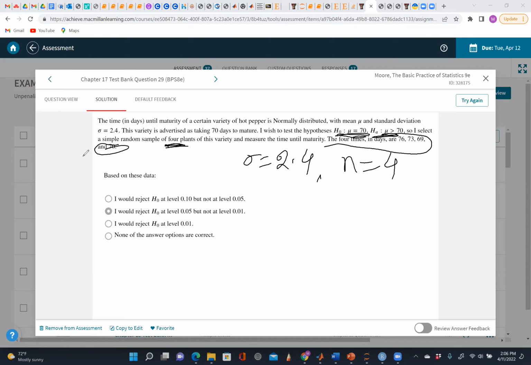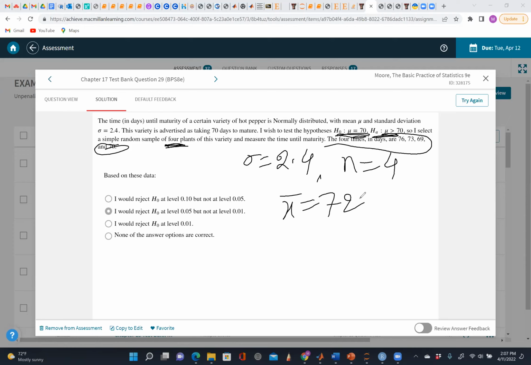Let me calculate the average. 76 plus 73 plus 69 plus 70 divided by 4. Yes, it will be 72. So here we have X bar equal to 72.